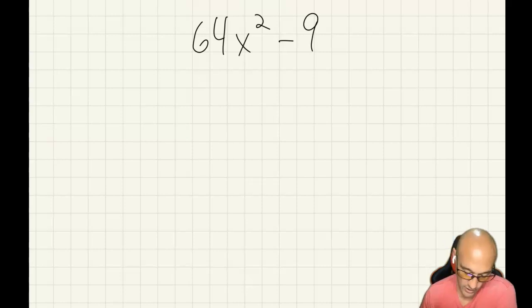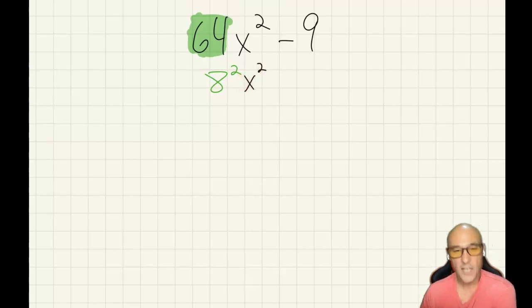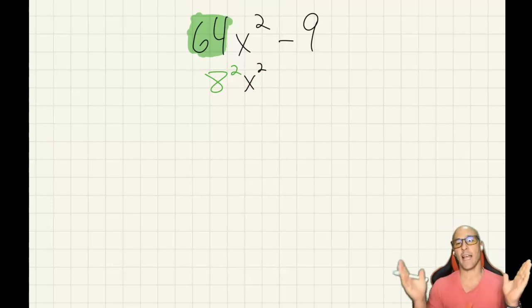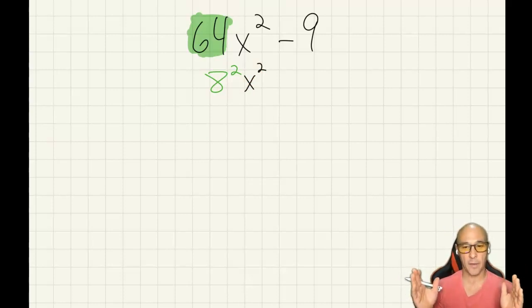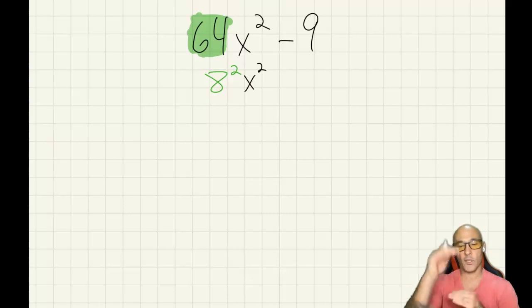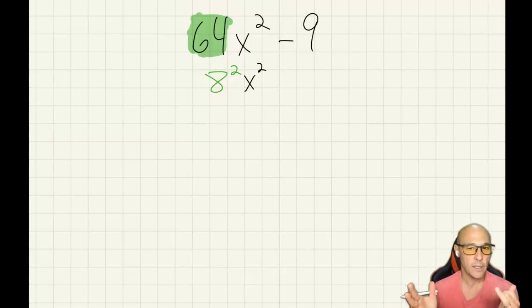Yeah, okay. So what I want you to see is that this number 64 could be rewritten as 8 squared. X squared is already a square. A square means, we're talking about the area of a square. Remember, the area of a square is length times width, but length and width are the same, so really it's just the length squared.